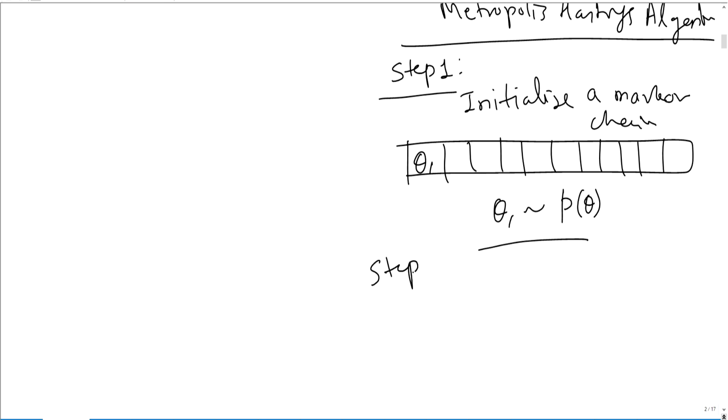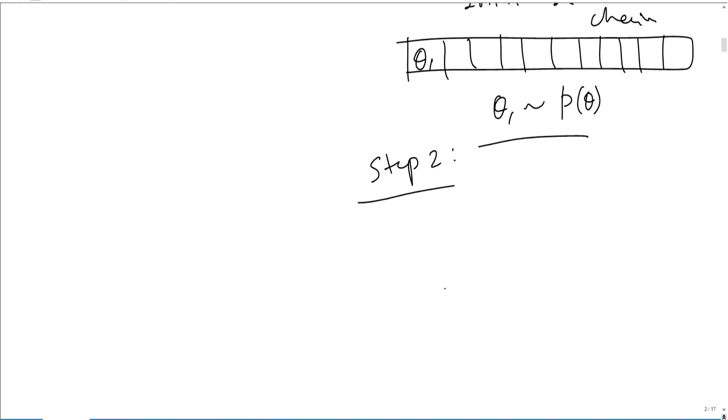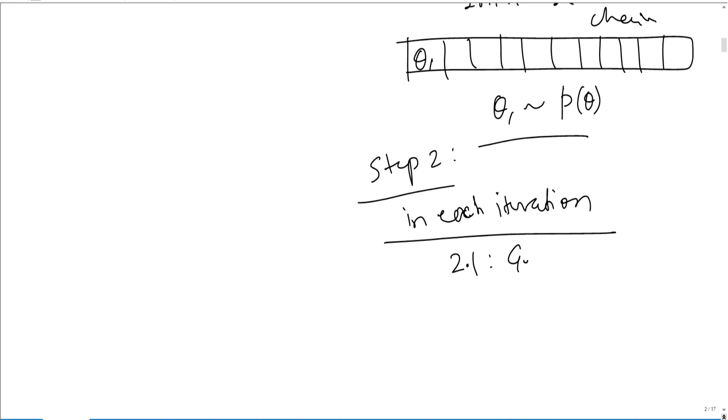In step 2, now step 2 will have iterations, and in each iteration, these are the steps that you will take. So step 2.1 is to generate a new proposal conditional on the current state of the chain.